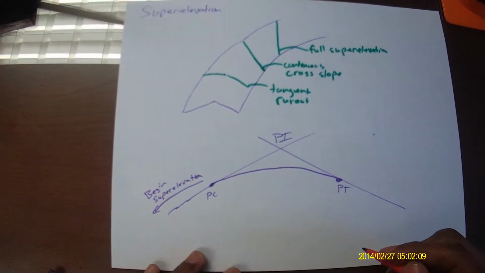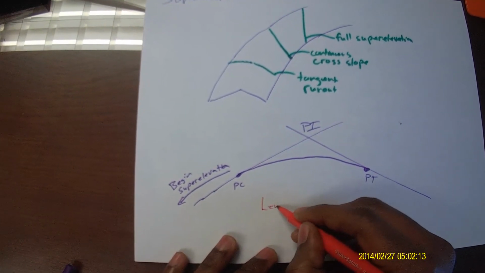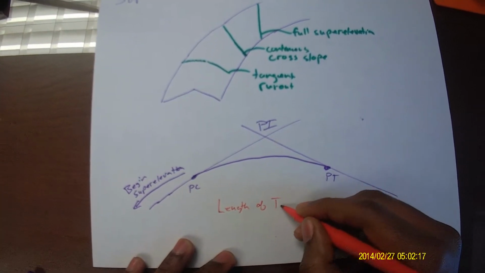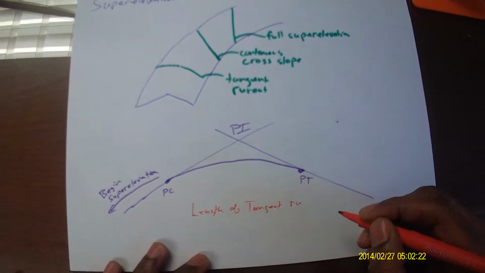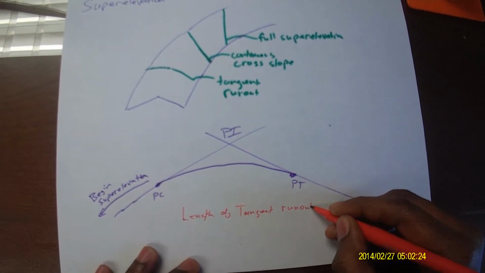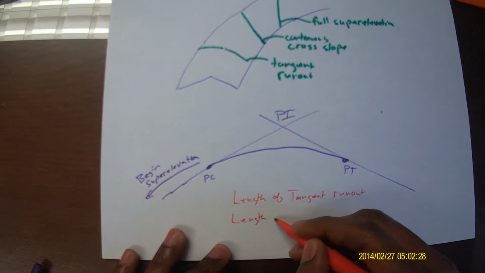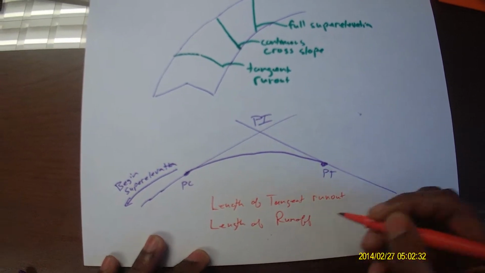Those two equations are called length of tangent runout and the length of runoff.